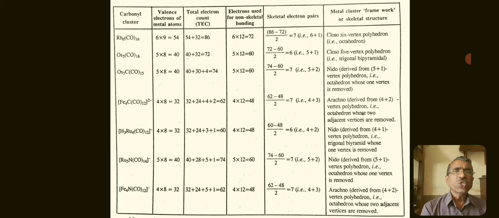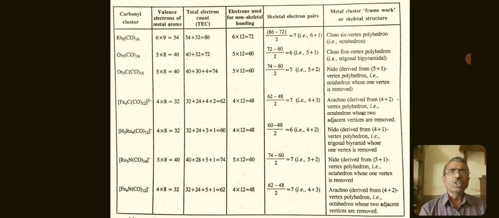In this cluster, we have 5 atoms, so I can write the 6 as 5 plus 1. Therefore, the cluster also belongs to the closo class because it is M plus 1. And the cluster is a closo 5-vertex polyhedron, having trigonal bipyramidal geometry.